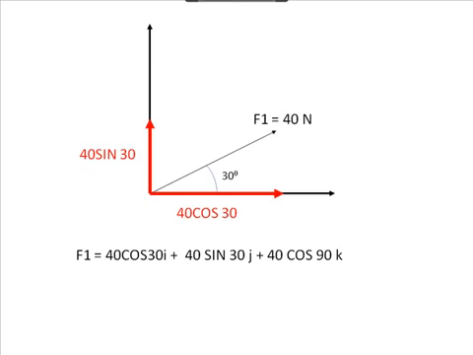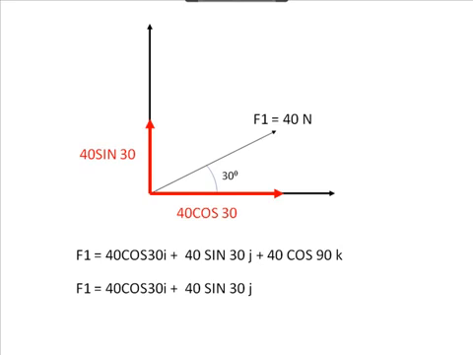Now cos 90 is 0, and if we are going to deal with planar forces, for any force in this plane, the angle with z axis is always going to be 90, and therefore the z component of any planar force which is in xy plane will always be 0, and therefore this force in vector form is popularly written as 40 cos 30 i plus 40 sin 30 j.